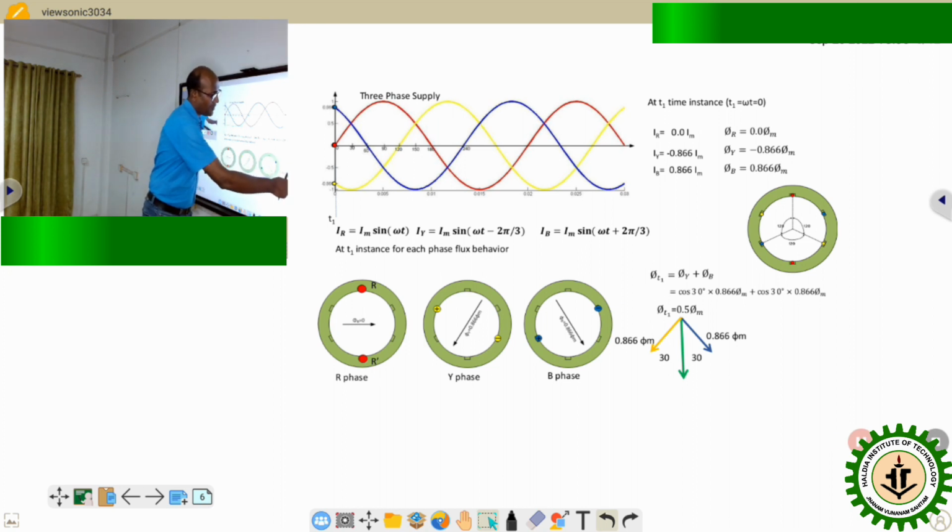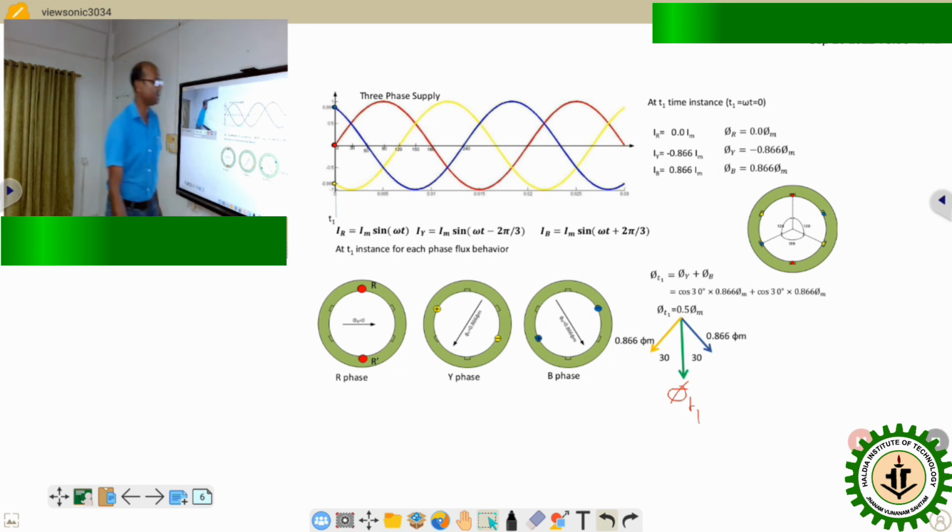Again, this is the B phase flux represented by blue color, downward towards that direction, and their resultant will be this green color, which is represented as phi t1. That phi t1 is downward, represented by that green color.